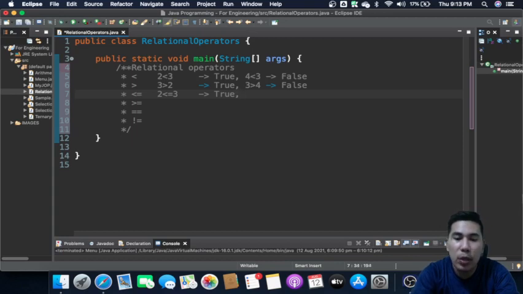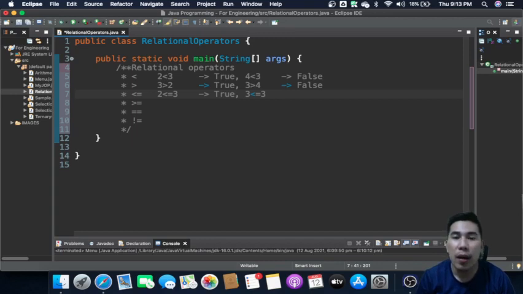Probably when you have something like this is where they start to get confused, when you have something like 3 is less than or equal to 3.